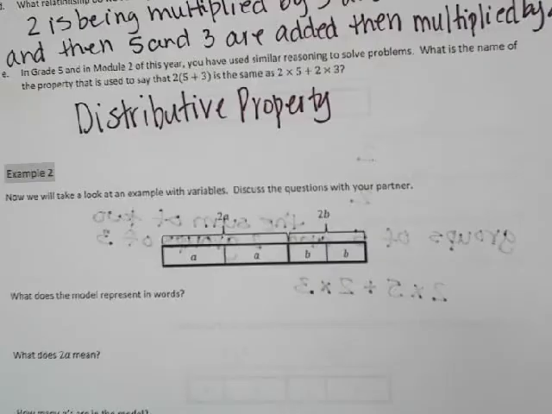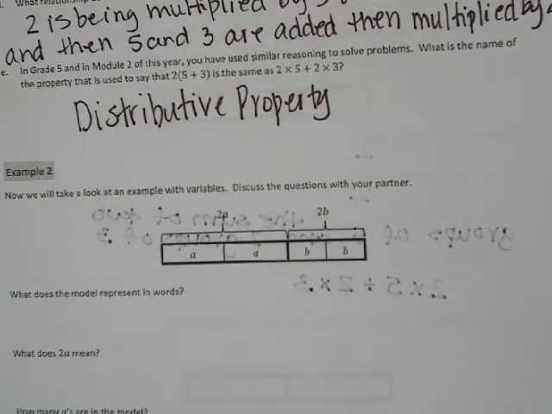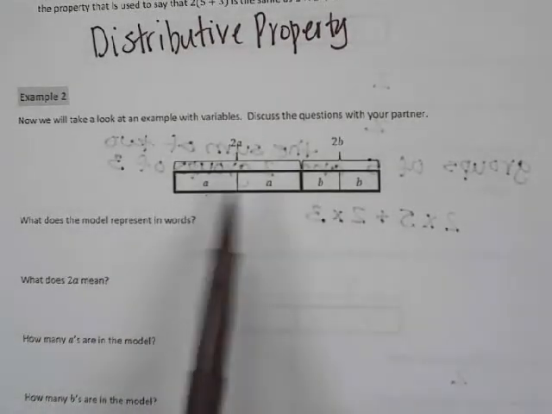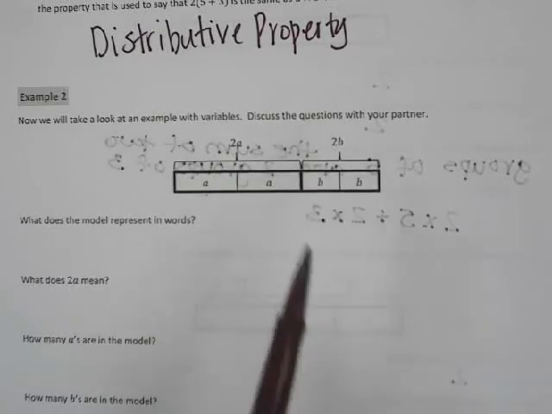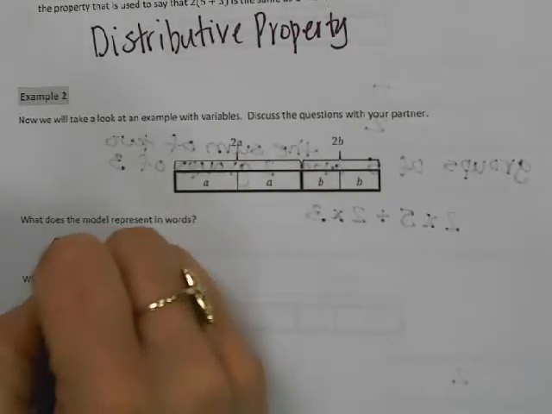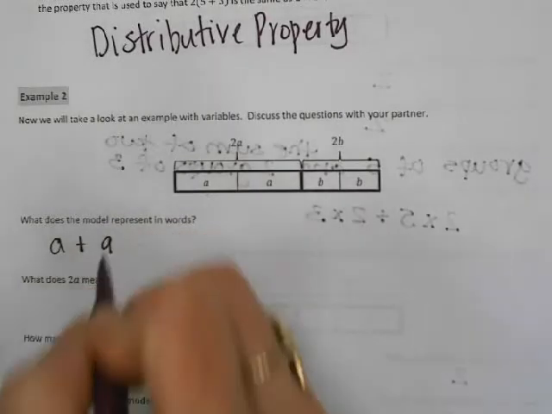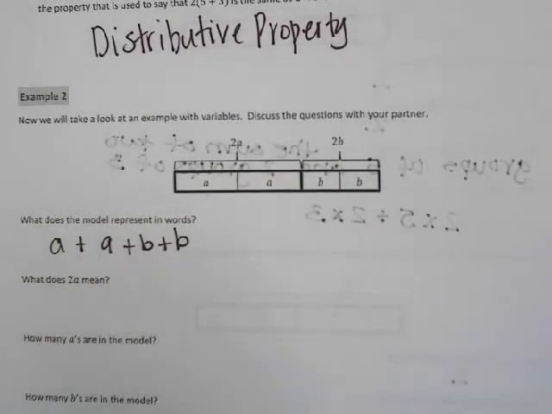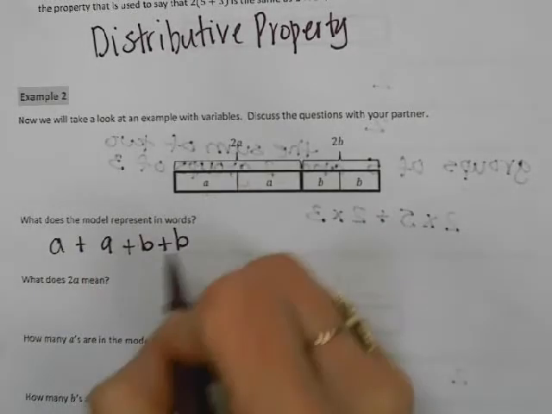Now we'll take a look at an example with variables, just showing that these things don't change just because we have a letter involved, because sometimes that can be confusing. It says, what does the model represent in words? We're looking at these As and Bs, and we see 2A and 2B. It's A plus A plus B plus B. That's one way we could say it.